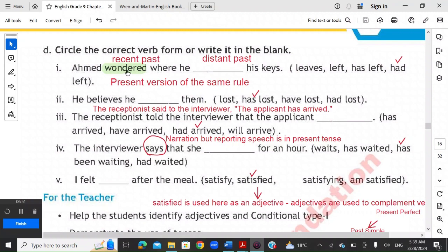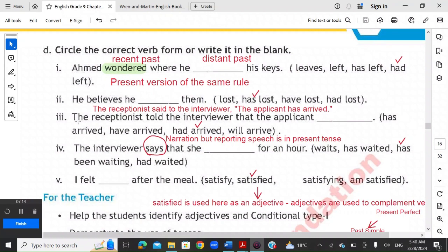It means that with present simple tense we use present perfect tense. He believes he has lost them. Again you see, this action is happening after the other action. First he has lost the keys, and then he is believing, he is thinking that he has lost them.